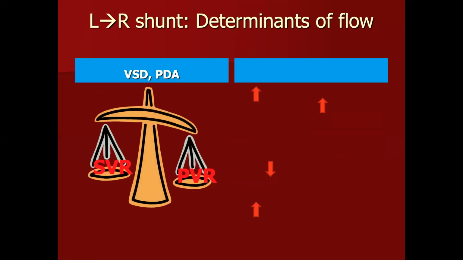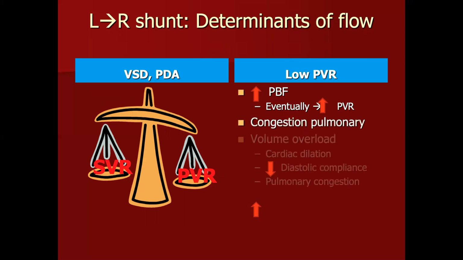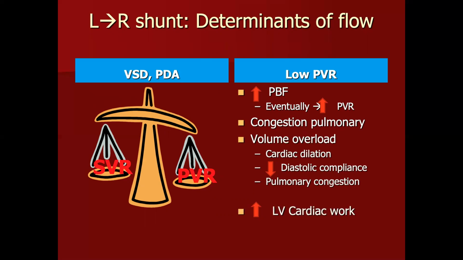Flows across a shunt are often dynamic and frequently determined by the balance of SVR to PVR. Blood will flow from the highest to lowest areas of resistance. In left to right shunts, SVR is greater than PVR, and blood flows into the pulmonary bed, resulting in increased work and pulmonary congestion.